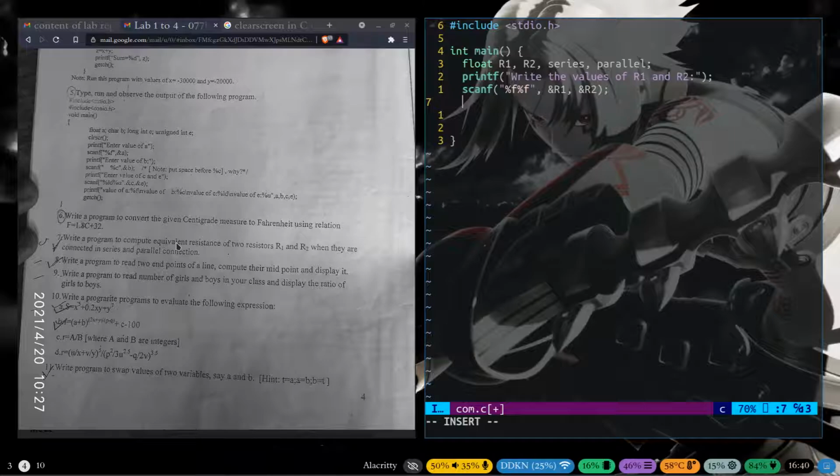Right, so series is equal to float R1 plus R2. Parallel is equal to, isn't it parallel? It is R1 times R2 over R1 plus R2.